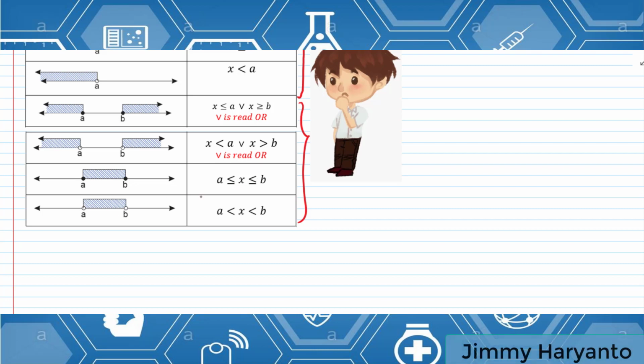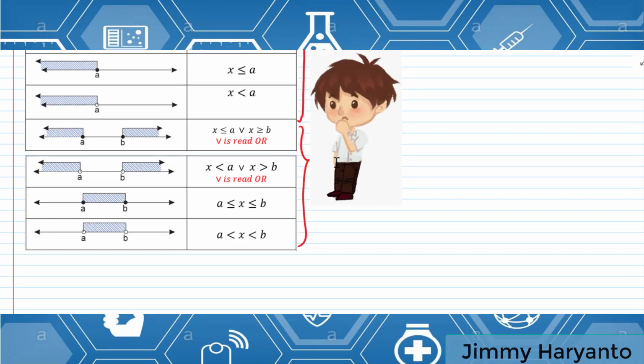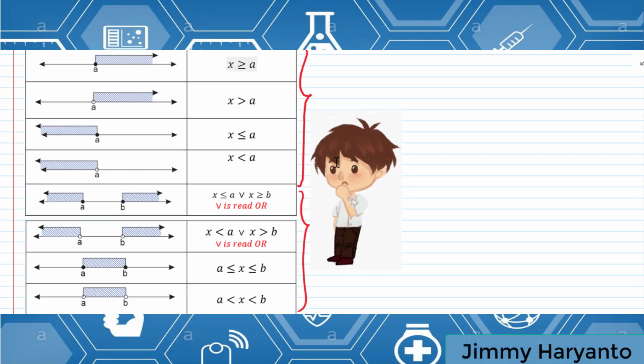If the dot is not colored, we say less than only. So we write this one, a less than or equal to x less than or equal to b. You have to memorize all these notations to make the next section easier.